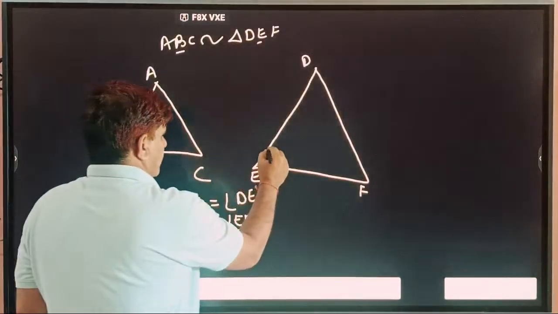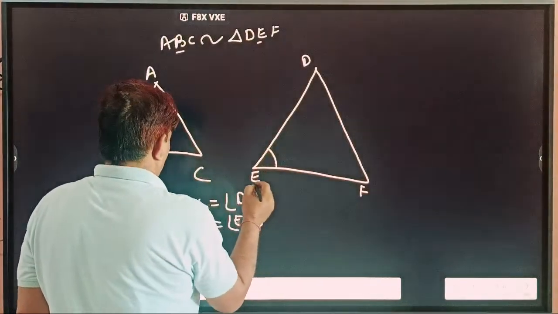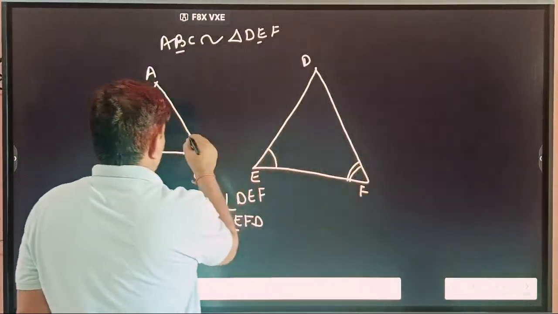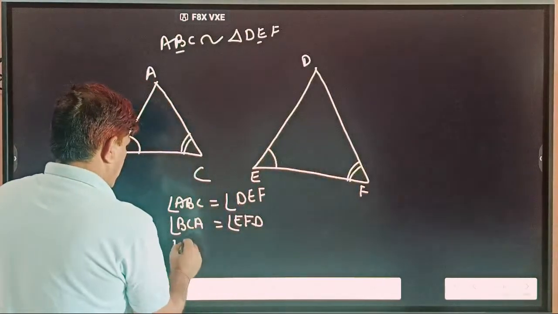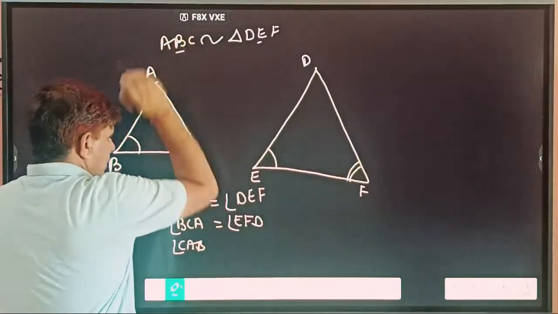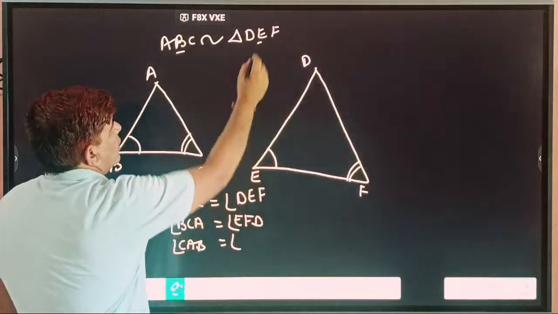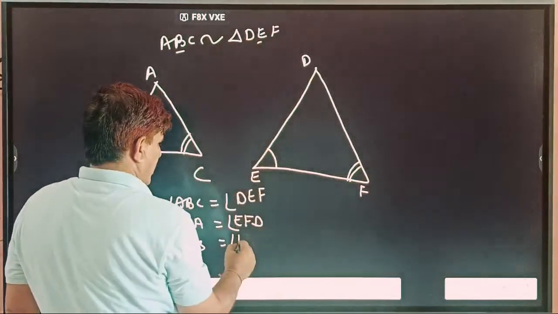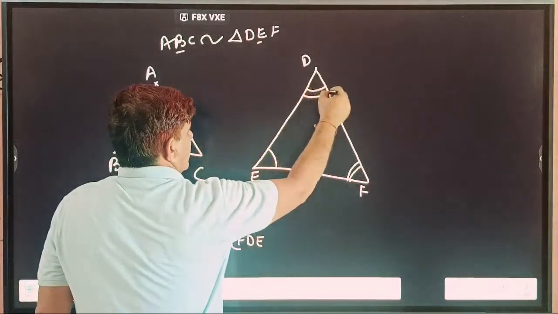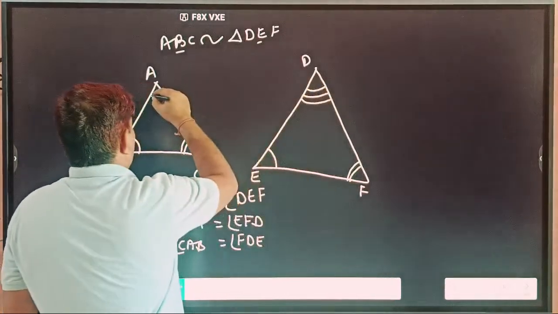So B is equal to this, and C is equal to this. Yes or no? And then CAB, and here FDE. This is the correspondence.